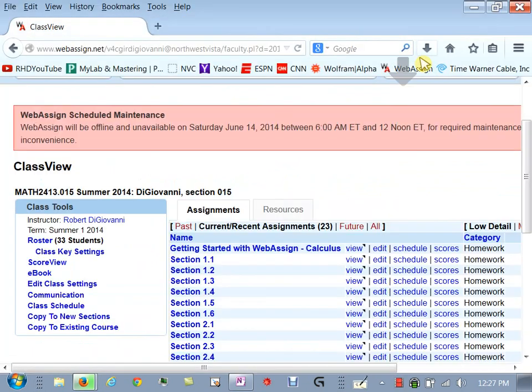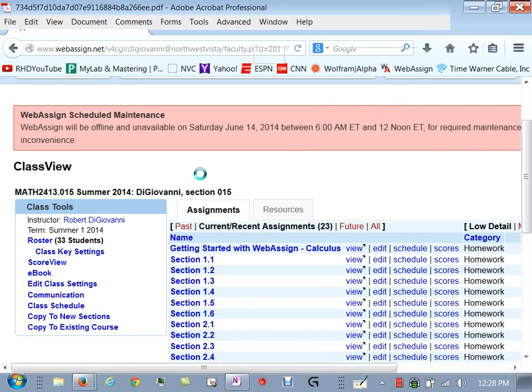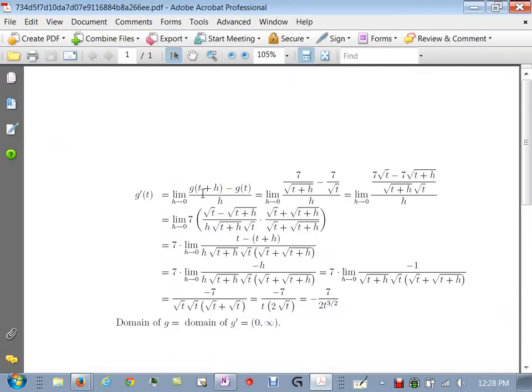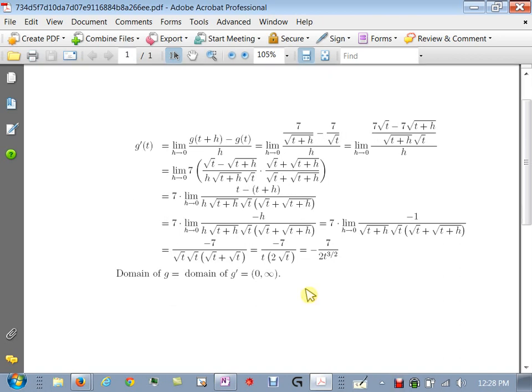Let's take a look at this. Okay, so you set up your derivative, and then remember you get a common denominator, and then you come in with that conjugate, clean everything up, and then you get this right here, either this or this.